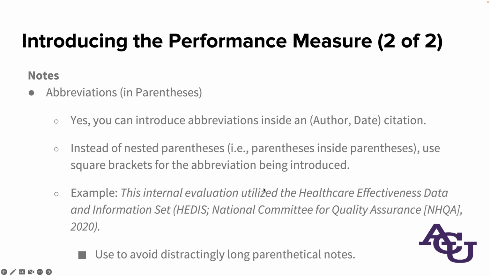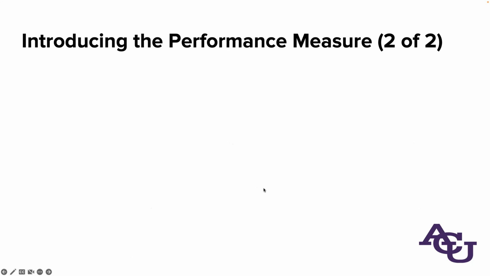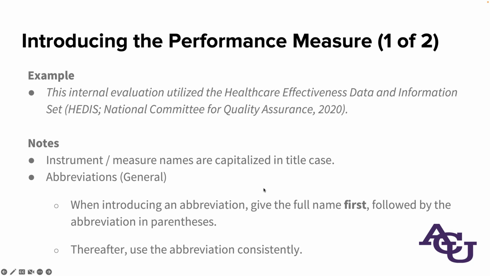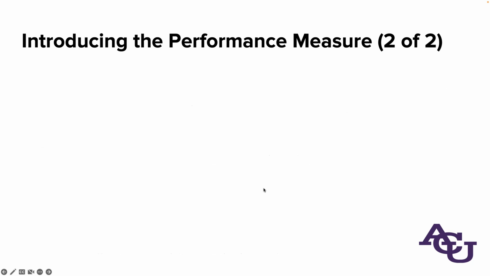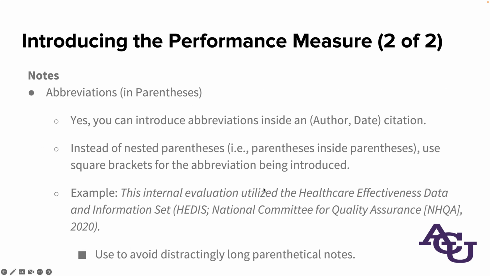And if you are going to be introducing an abbreviation for an author name, that's fine. If the author part is outside the parentheses, it'll be exactly as you see it in the example there. If it's something where you're using the parentheses author, comma, date citation format, that's fine. We'll just include the information in square brackets.